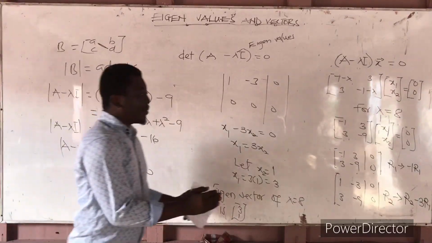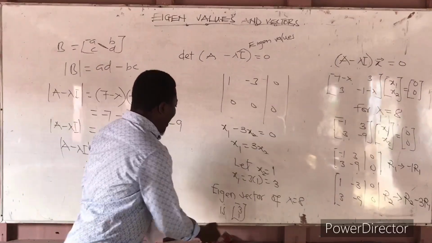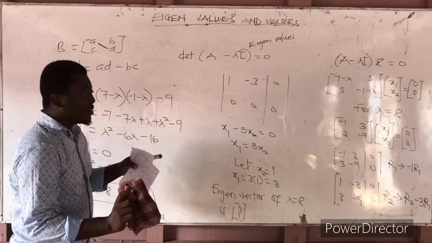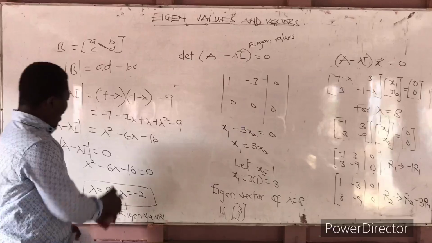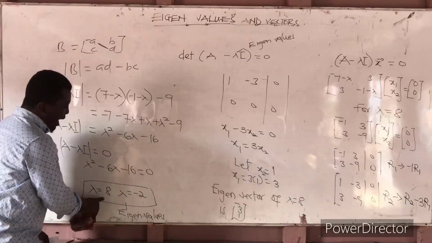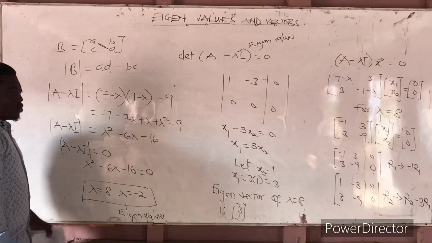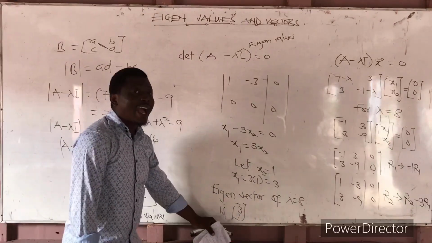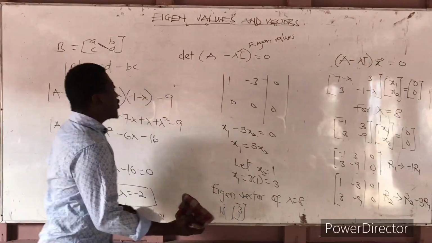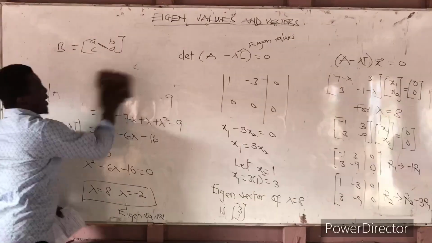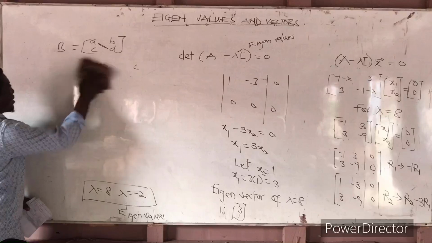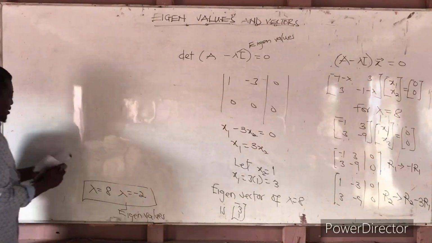So you understand the process. You can do the same for when lambda equals minus 2. The eigenvalues we have are 8 and minus 2. Now you've done 8 and gotten the eigenvector. Why don't we do the same for minus 2 and see the eigenvector that we are going to get?